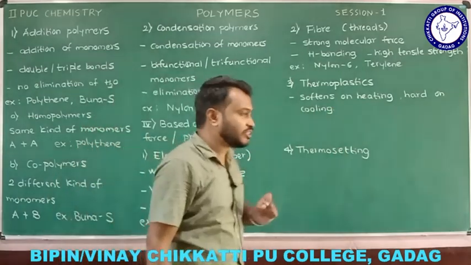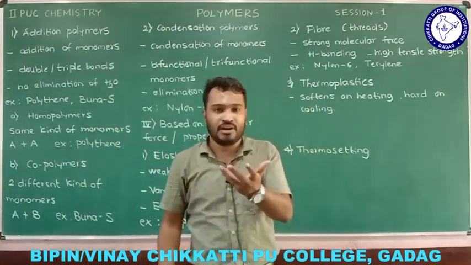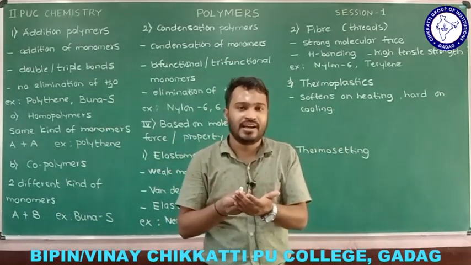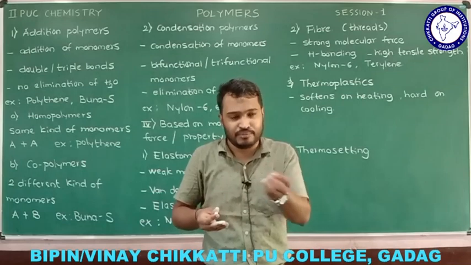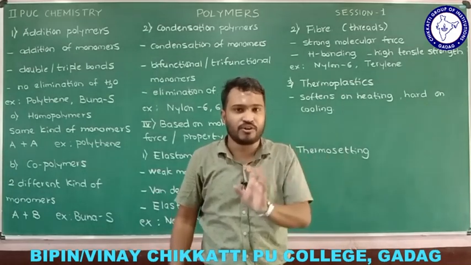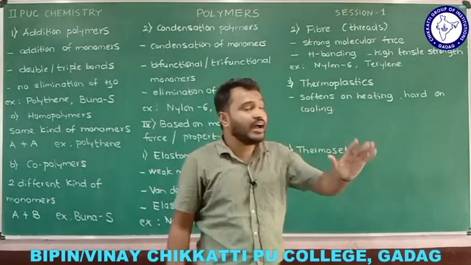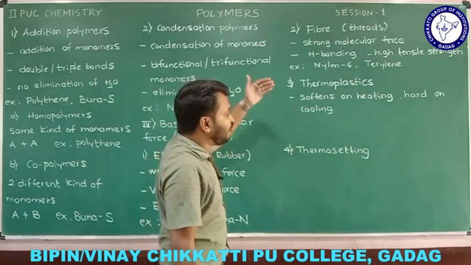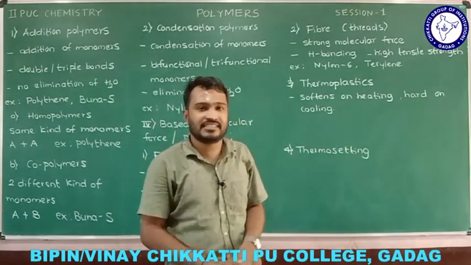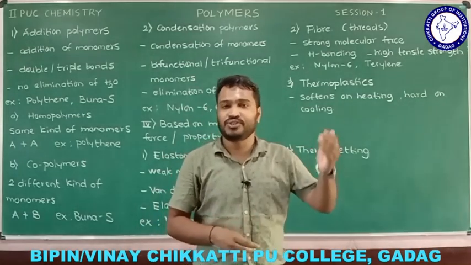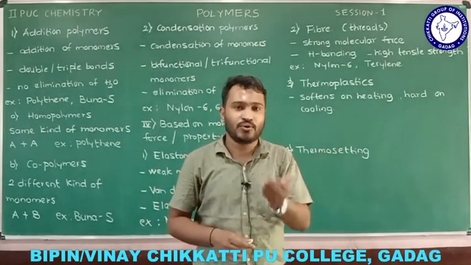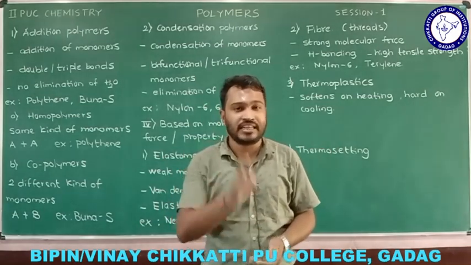Right, know it that way. It is quite interesting. If you consider a polymer and if you heat it, due to the heat that plastic, that substance will become soft, and after cooling it will become hard, and such a kind of polymer we call thermoplastics.